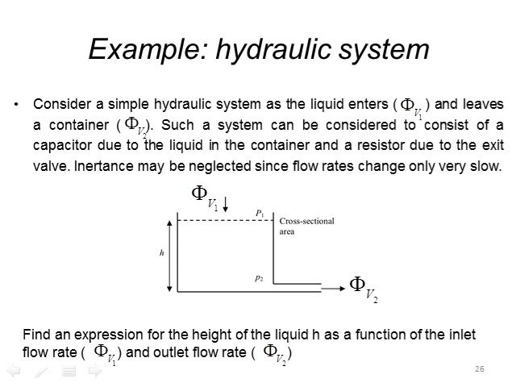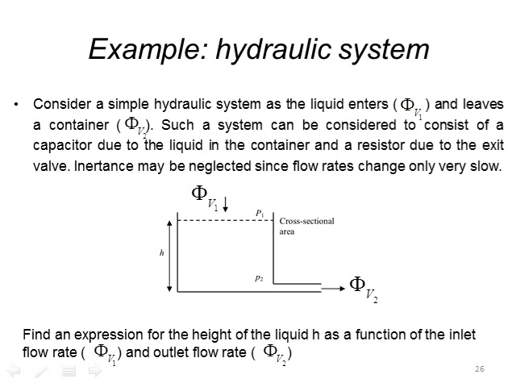So consider a simple hydraulic system, as we saw in a previous slide, where liquid enters with a flow rate phi sub V1 and leaves the container on the bottom at phi sub V2. Such a system can be considered to consist of a capacitor due to the liquid in the container and a resistor due to the exit valve. Inertance may be neglected because the flow rate changes very slowly.